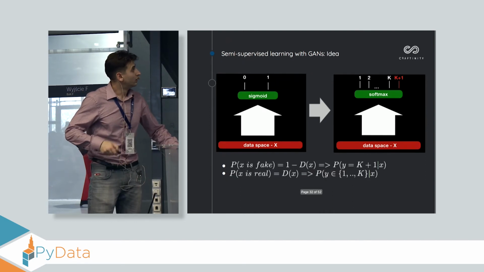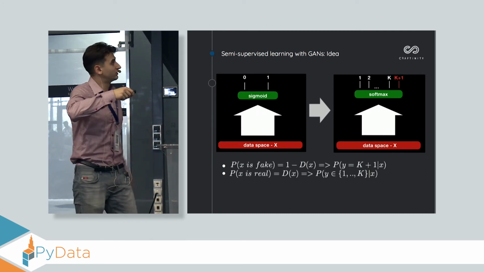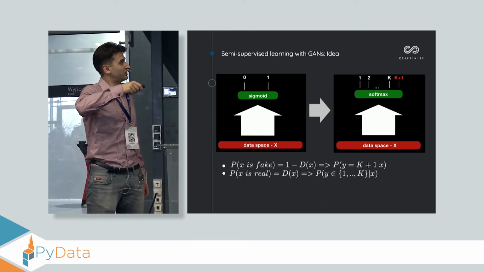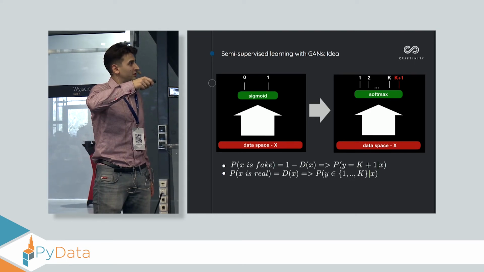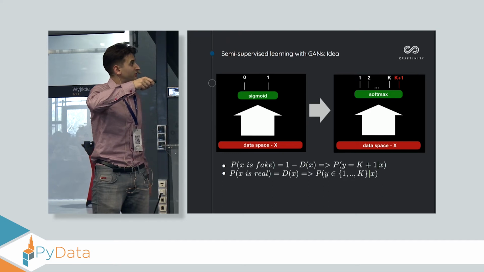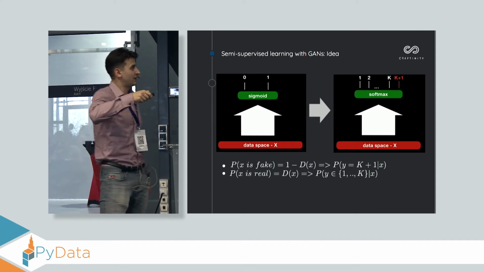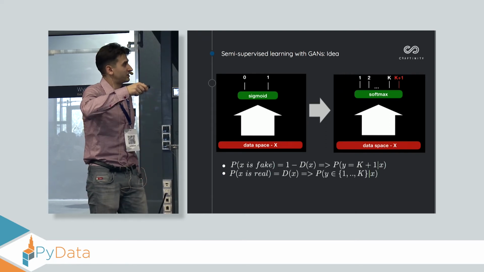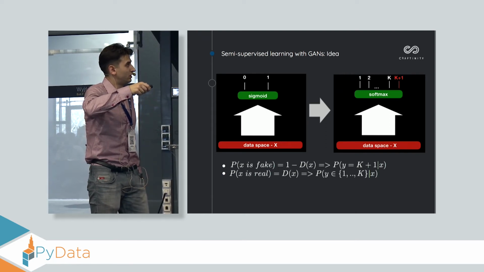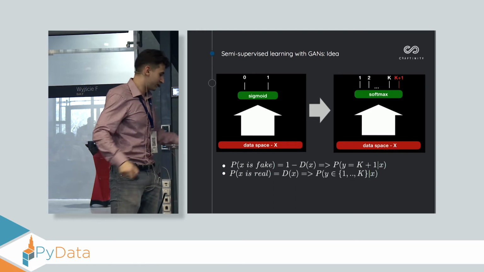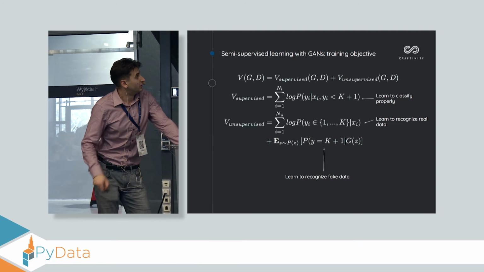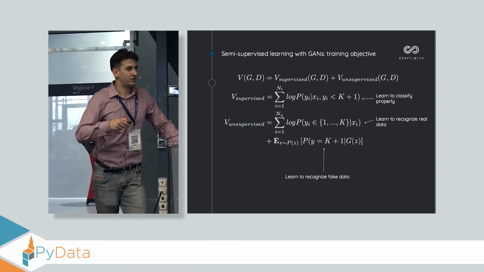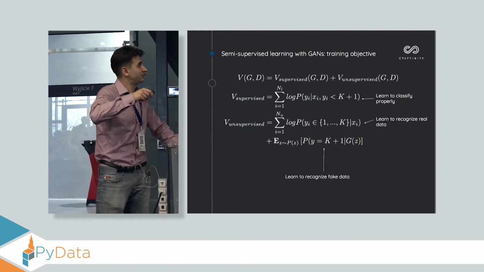So now the probability that X is fake is the responsibility of the last output of the softmax of the discriminator, and the probability that X is real is just the sum over all softmax outputs from 1 to K. When it comes to the objective, we decompose it into supervised and unsupervised terms.